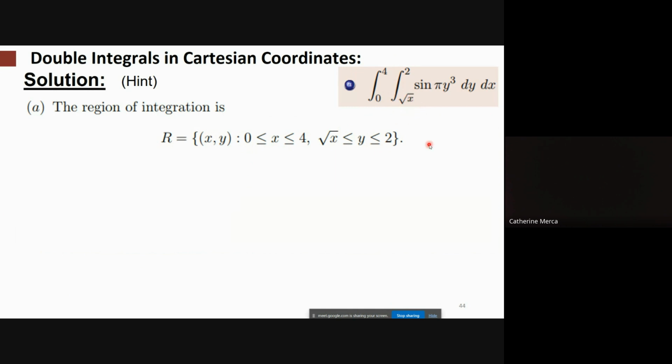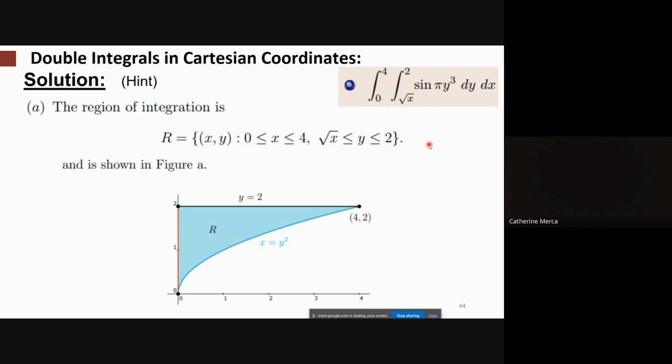So when you reverse the order of integration, what happens when you will have your dy first, your dx first? So you have to consider those things.